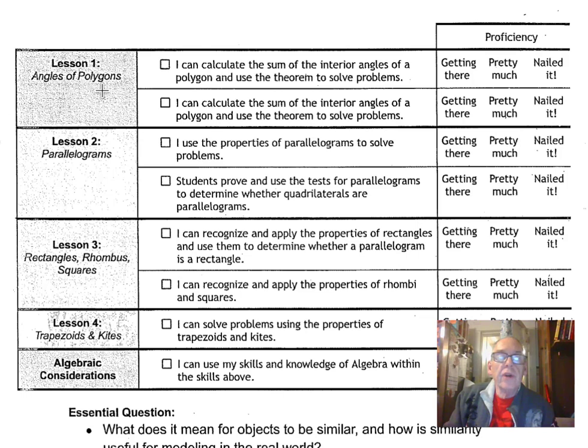If we look at lesson 1 here, angles of polygons, our goals are to be able to calculate the sum of the interior angles of a polygon and solve problems using that theorem, and also calculate the sum of the exterior angles of a polygon and use the theorem to solve problems. That's what's up with this lesson.